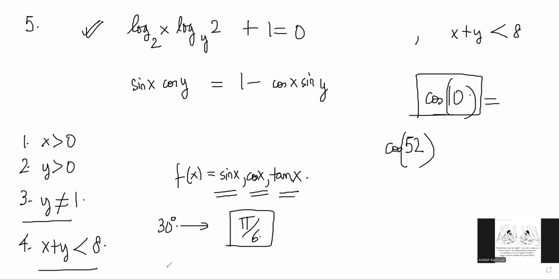Do you understand what I'm saying right now? Cos of 10, somebody is asking, then what they mean is the real number 10 in radians will stand for the angle. It will be obviously greater than 3 pi, some angle slightly bigger than 3 pi. Do you understand that 10 is some number bigger than 3 pi by a little bit?